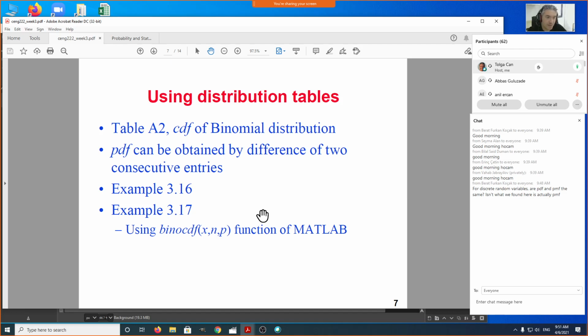In the true sense, for discrete random variables, there is no PDF. We shouldn't talk about PDFs. So therefore, the question, are they the same? PDF doesn't exist for discrete random variables in the true sense. But when somebody is talking about the PDF of a discrete random variable, they are actually referring to the probability mass function.